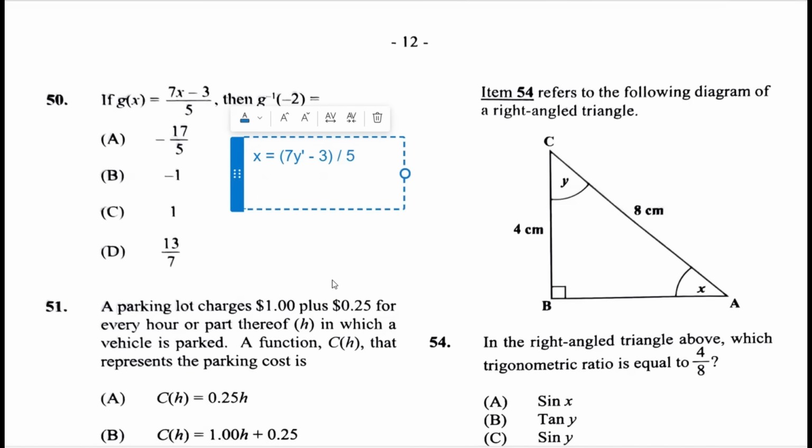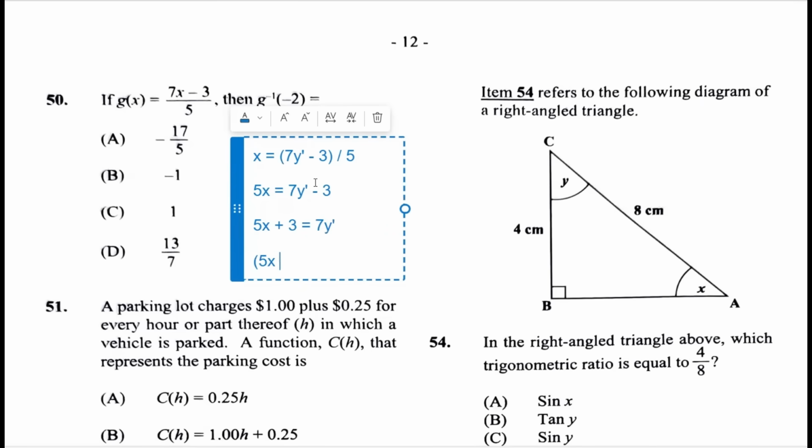Carry the 5 across, that'll be 5x. Carry the 3 across, so it'll be 5x plus 3. And then you divide by 7. So (5x plus 3) divided by 7 is your y.